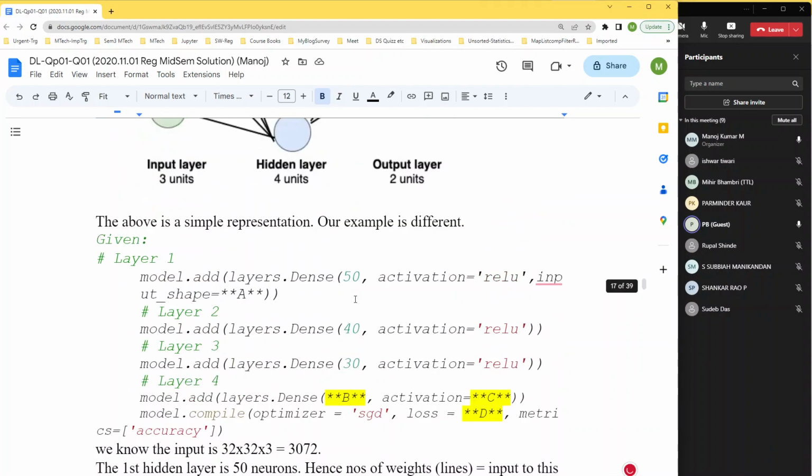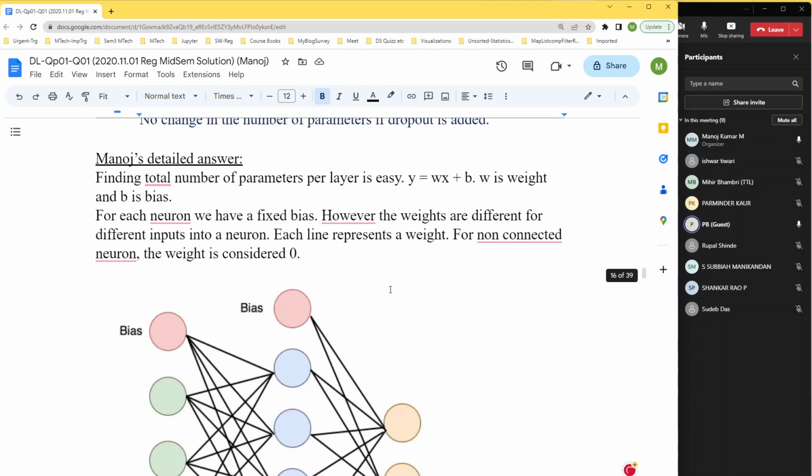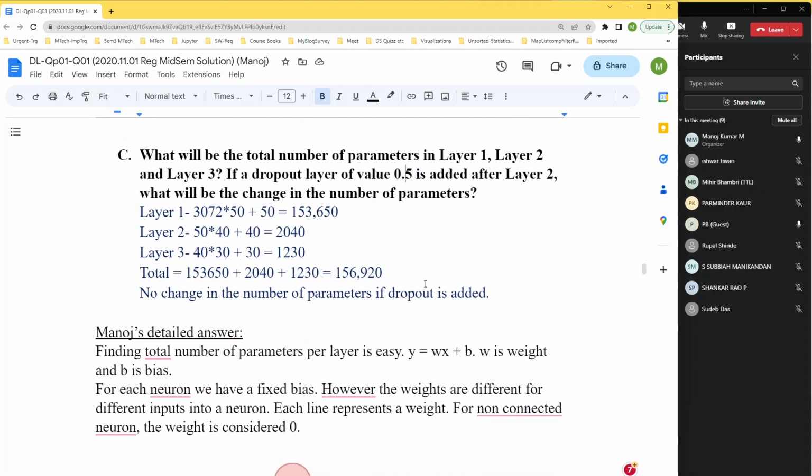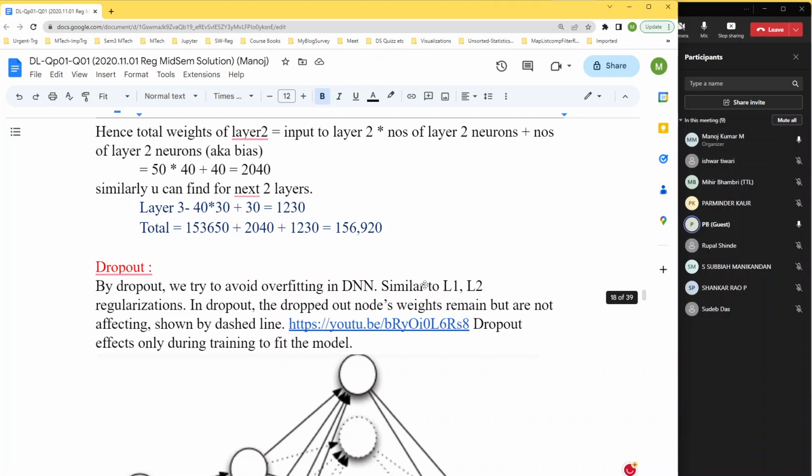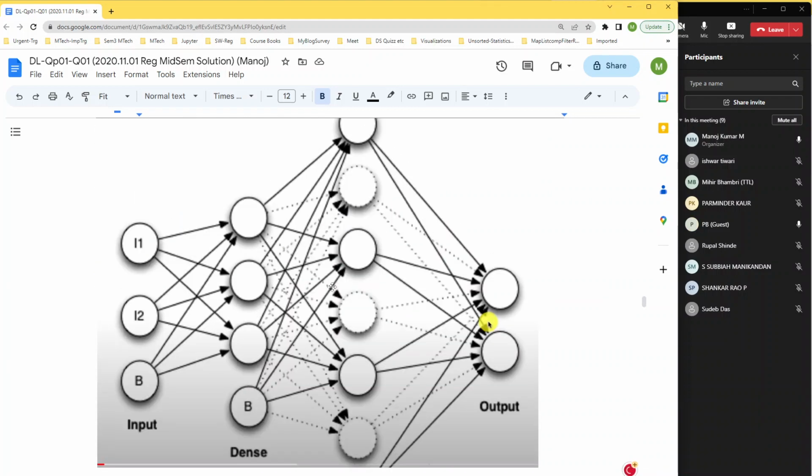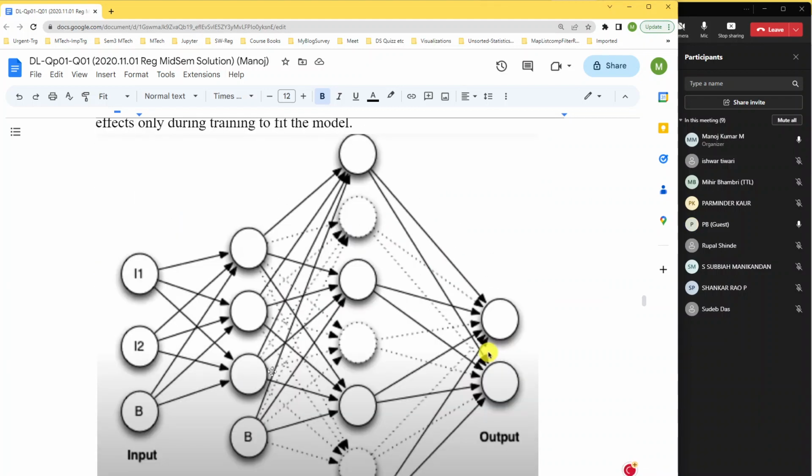Here they have mentioned a dropout value of 0.5. For every iteration in the training time, there are many iterations happening, and in each iteration a different set of nodes will be deactivated. These weights will remain there, but the deactivated nodes will not affect anything. So half of the nodes will be dropped.